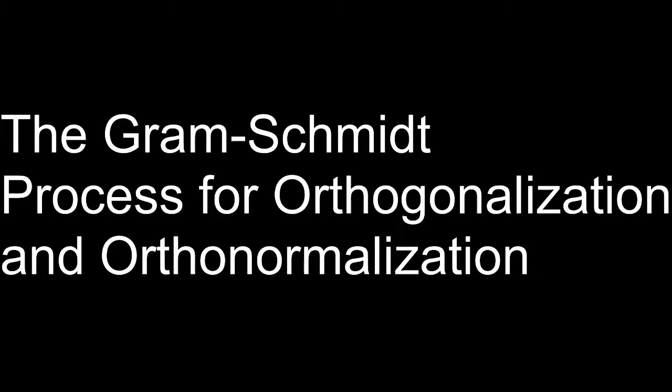What this Gram-Schmidt process for orthogonalization and orthonormalization is, is if you have a vector space and you know a basis for that vector space, can you then construct an orthogonal basis to that vector space? And furthermore, can you construct an orthonormal basis for the vector space?